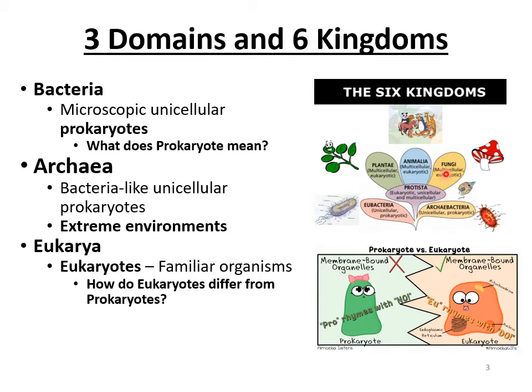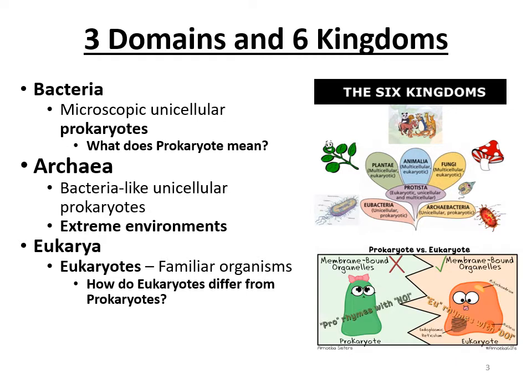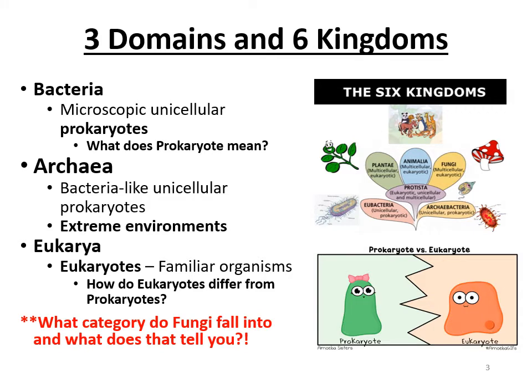You can even put a little star underneath eukaryotes and write that fungi such as yeast and mold are eukaryotic, meaning they have a nucleus. So fungi fall into eukaryotes.